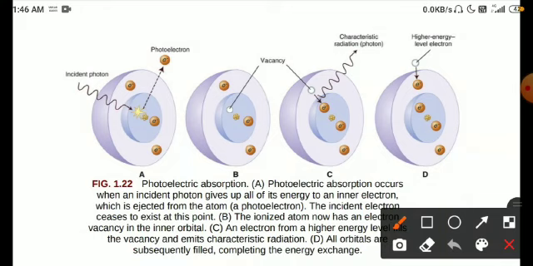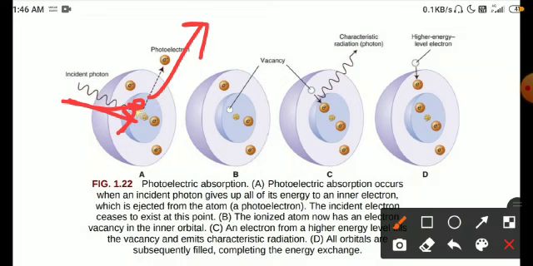When the incident photon strikes the tissue in photoelectric absorption, the incident photon interacts with the inner orbital electron and transfers its whole energy to this electron, which gains all the energy and is ejected out of the atom. This photoelectron is ejected and the whole energy of the photon is finished.